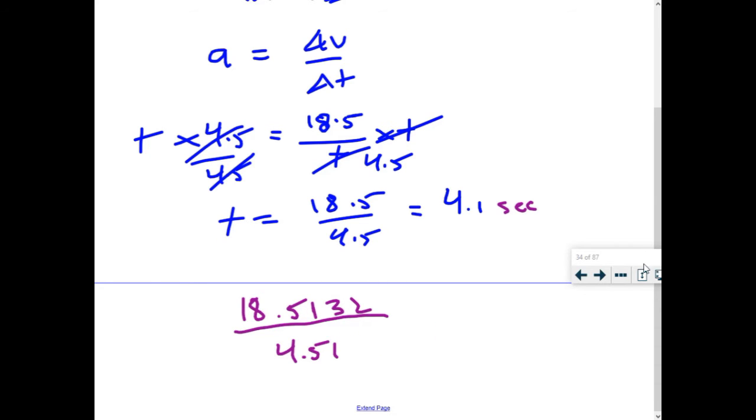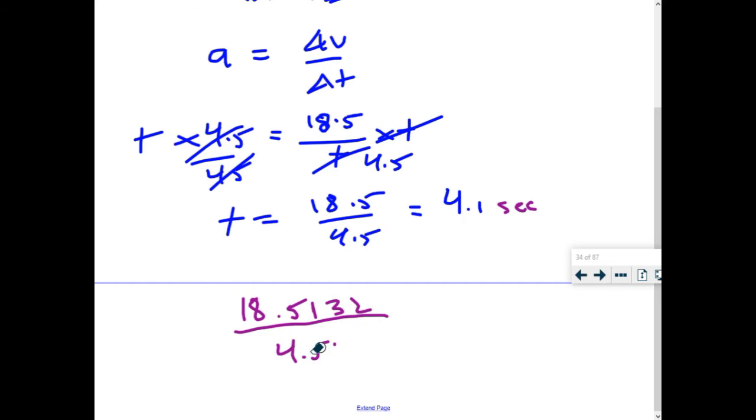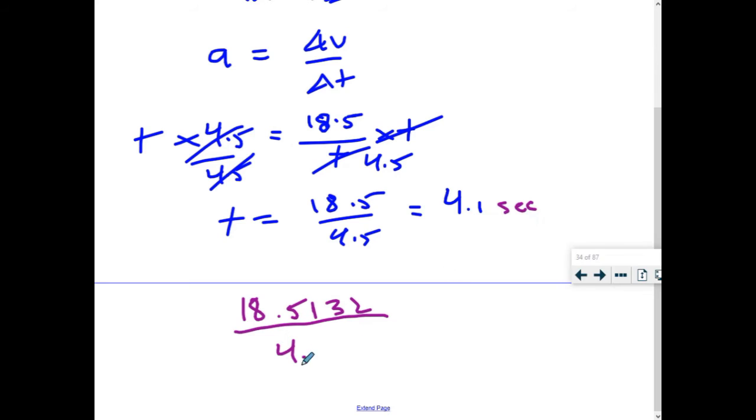No, let's go the other way. Let's go with 4.4959. Would you guys also agree that 4.4959 would also round up to 4.5? That's very reasonable. So let's say that someone measured slightly differently.